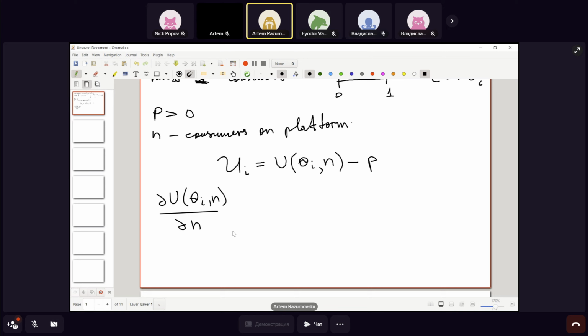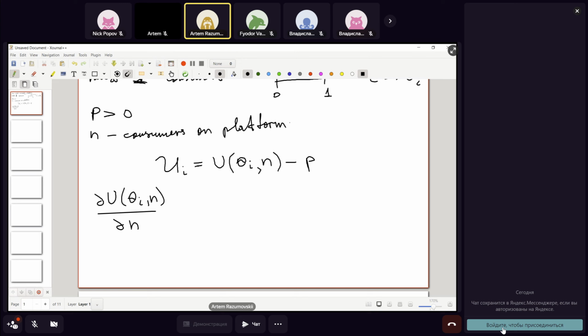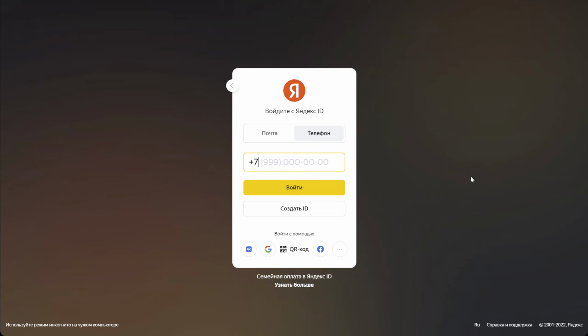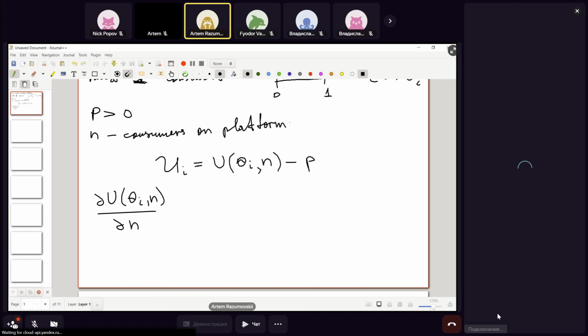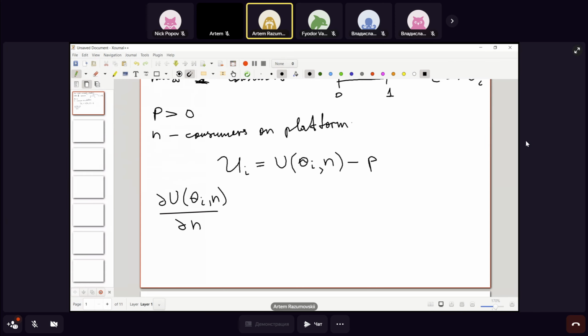So if you are talking about a one-sided platform by now, then we're thinking that it's profitable for a consumer to join the platform because he will benefit from interacting with the same side, because there is no second side right now. If you think about Facebook or VKontakte, it's a two-sided platform, and we will talk about this later.